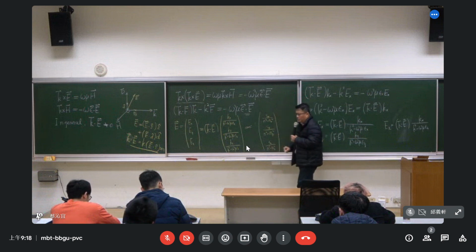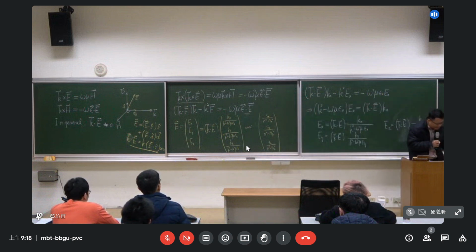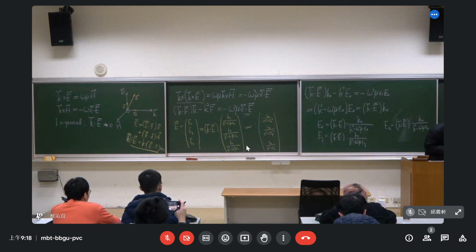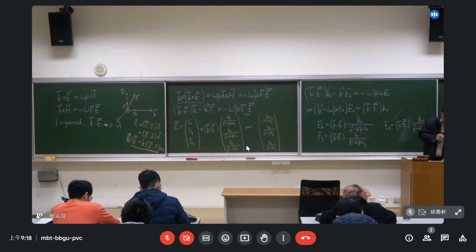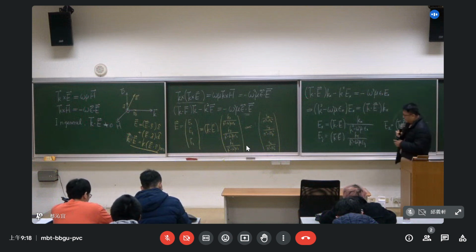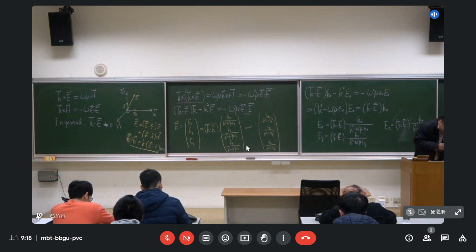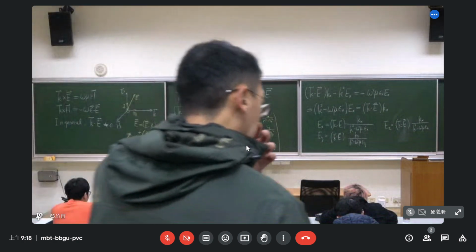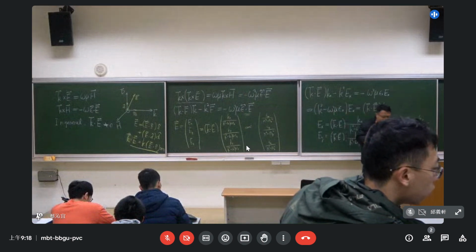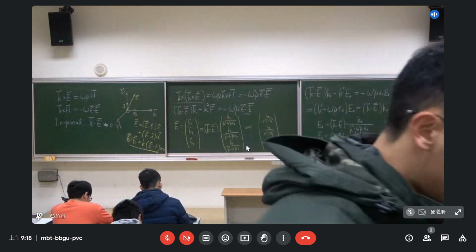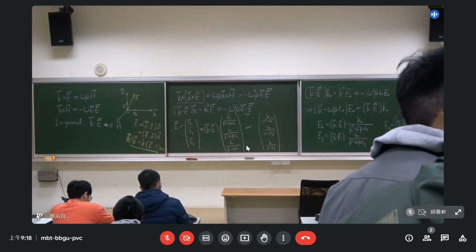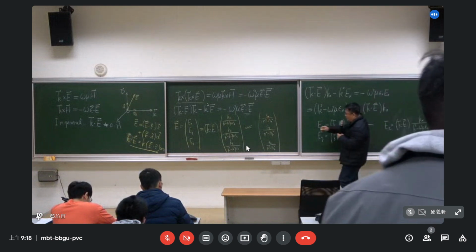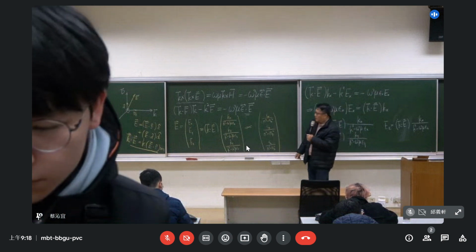Okay, so you see that in the textbook, we have two different expressions for the direction of the E vector. The first one is equation 4.2-9, this one, without this vector. And the second one is equation 4.2-11, which is this one.